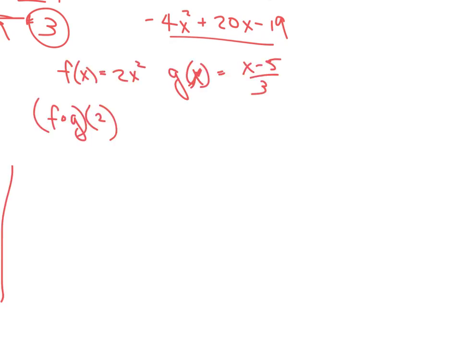Okay, so there is number, I guess it's 21 that I have here. Okay, and this is the A part. All right, so this is f of g of 2. Okay, so I'm going to put 2 in here.